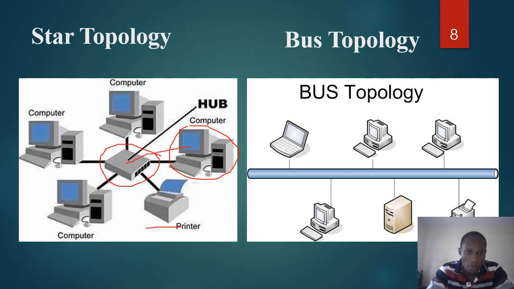So the computer will send the data through the central hub. Then the central hub will direct that same information to the printer, and that information will be printed out. If this computer intends to communicate to the other computer on the other side, it will send that information through the central hub, and that information will be redirected to that computer on the other side.